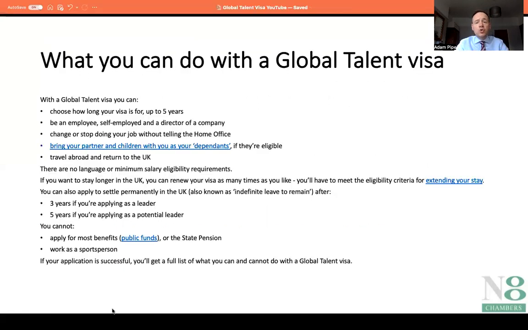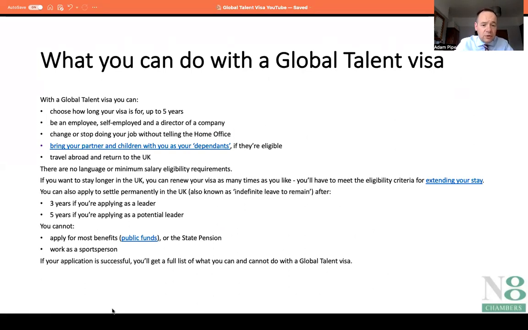So what can you do with your global talent visa? Well, you can choose how long your visa is for. So there's flexibility. You can apply for 1 year, 2 years, 3 years, 4 years, or 5 years. You can be an employee, self-employed, and a director of a company. You can change or stop doing your job without telling the Home Office. We've already talked, you can bring dependents.